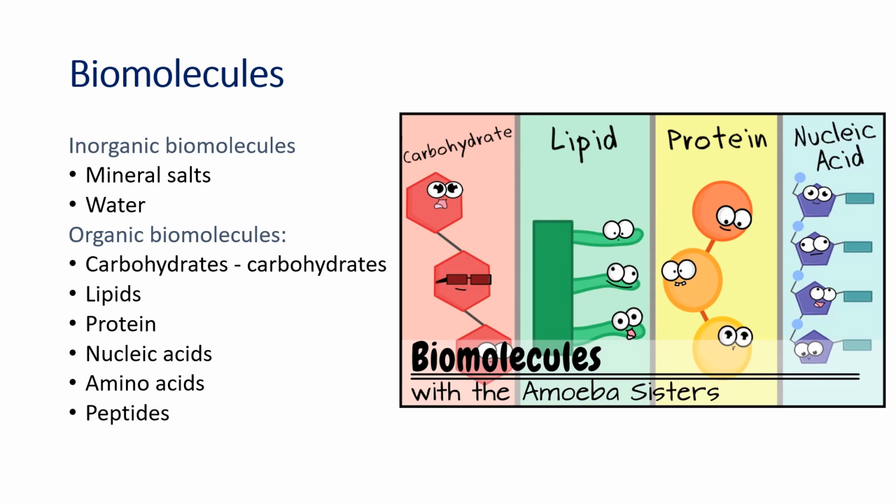The inorganics could be minerals and salts and water, and the organic biomolecules, which are usually bigger, are for example carbohydrates, lipids, proteins, nucleic acid, amino acids, and peptides. These are different types of combination of these atoms or elements, but they create bigger structures. So depending on how the structure is, they will have a different function.